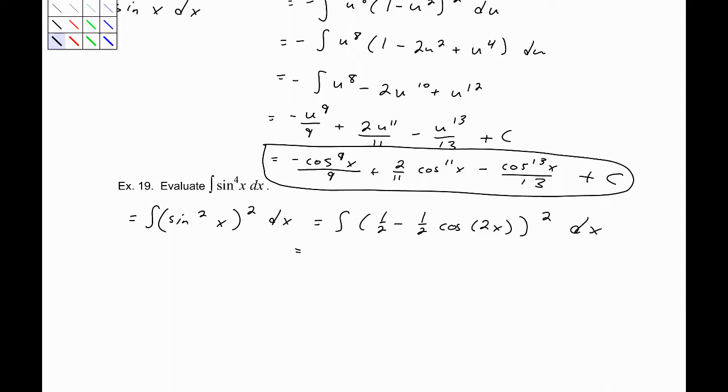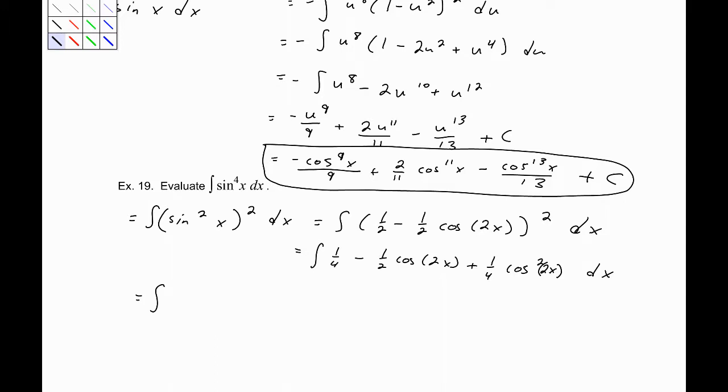Okay, double distributing there. It's going to be 1/4 minus 1/2 cosine 2x plus 1/4 cosine squared 2x. Okay, now we still have a cosine squared, so I'm actually going to apply that again.